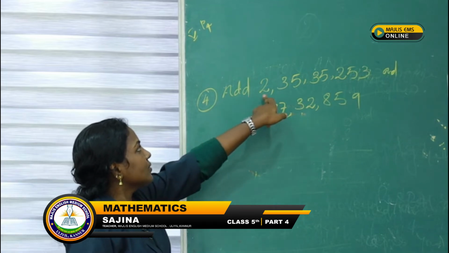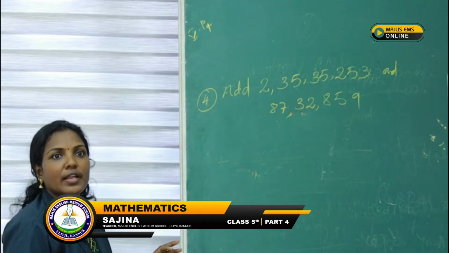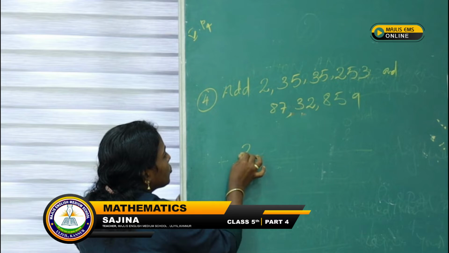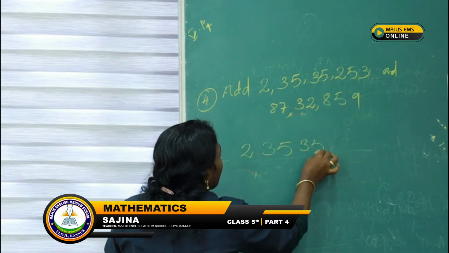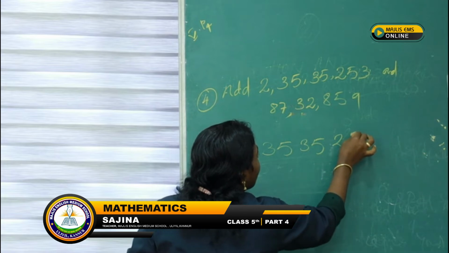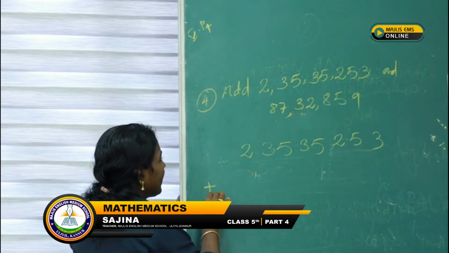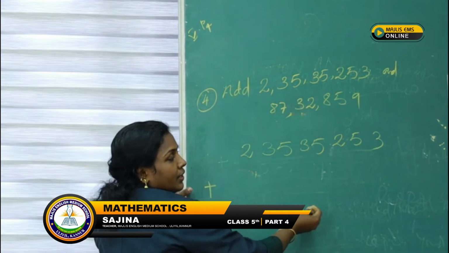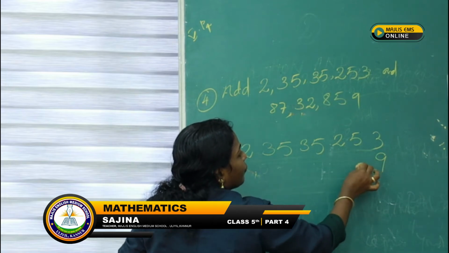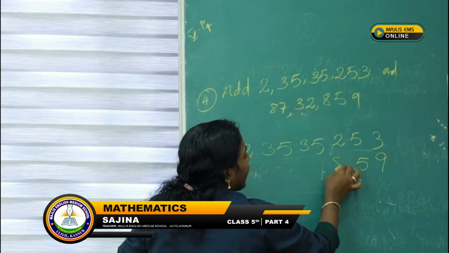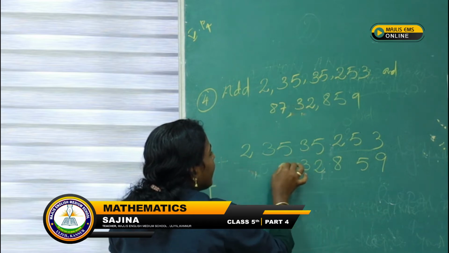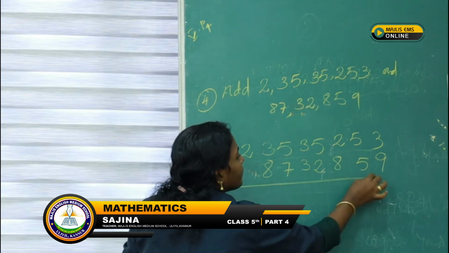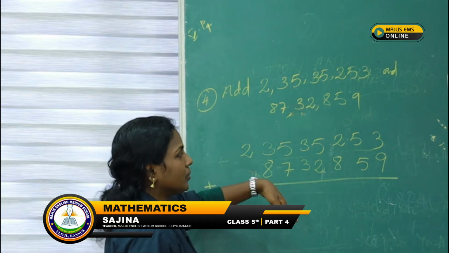First we write these two numbers according to the place value chart. That is 2, 3, 5, 3, 5, 2, 5, 3 plus 9, 5, 8, 2, 3, 7, 8. Just adding these two numbers.